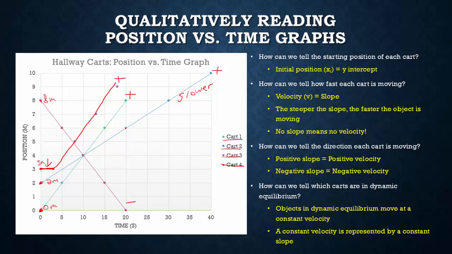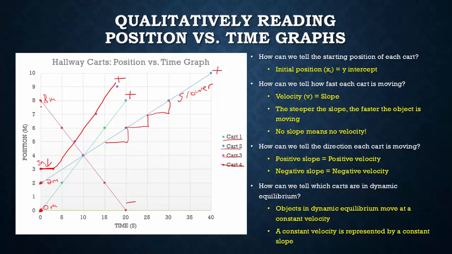Notice that as 5 seconds go by, that cart increases its position by 1 meter. And this holds true for the entire slope that is represented for cart number 2. 5 seconds go by, it increases position by 1. 5 seconds go by again, it increases its position by 1. That is a constant slope, and that is represented by a completely straight line.